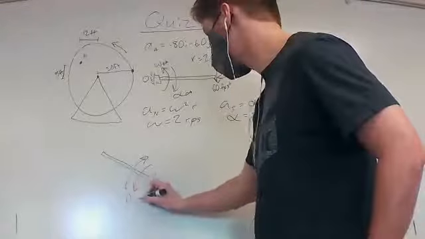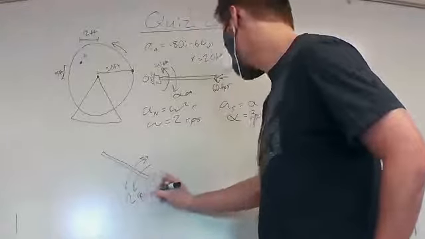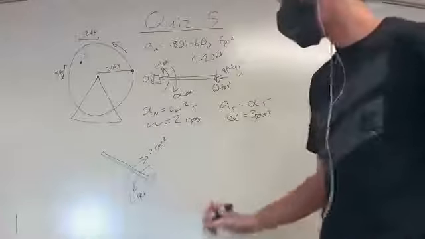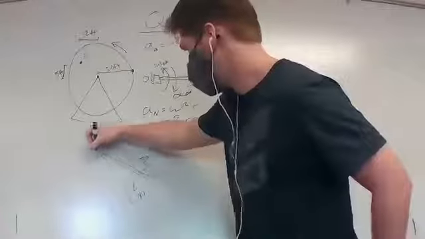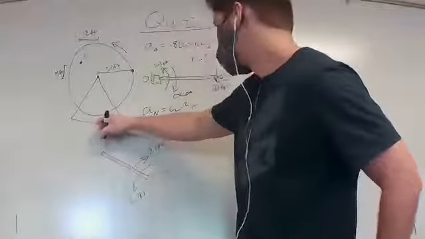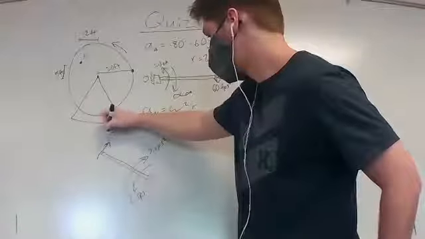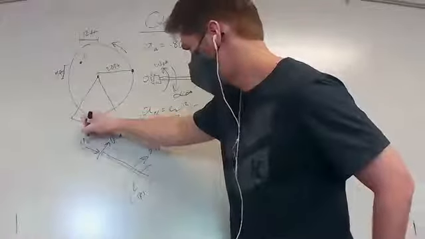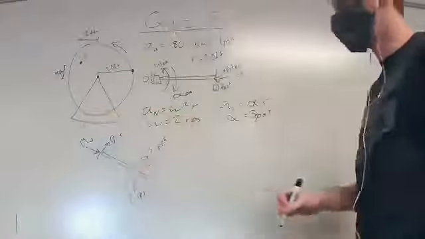So we have 2 RPS and 3 RPS squared. But now we just have AT and AN.